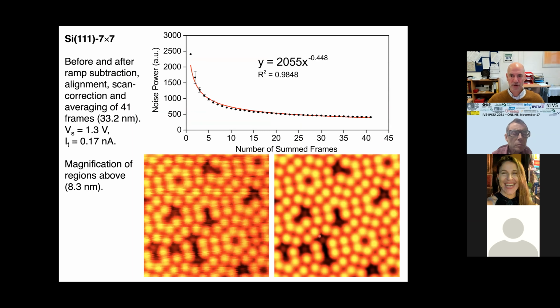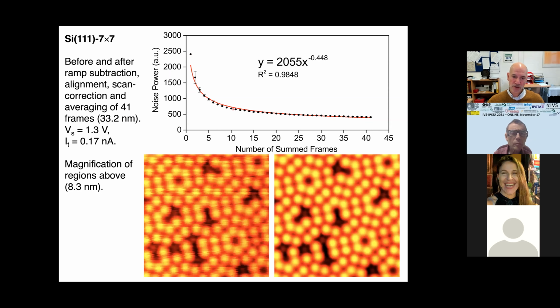And let's have a look at the statistics of that. We have the number of summed frames here, and we use something called the noise power, which is a slightly odd way of describing it, but it's basically just the amount of noise we have in the image. You can see as we average the number of images, the amount of noise comes down and down.